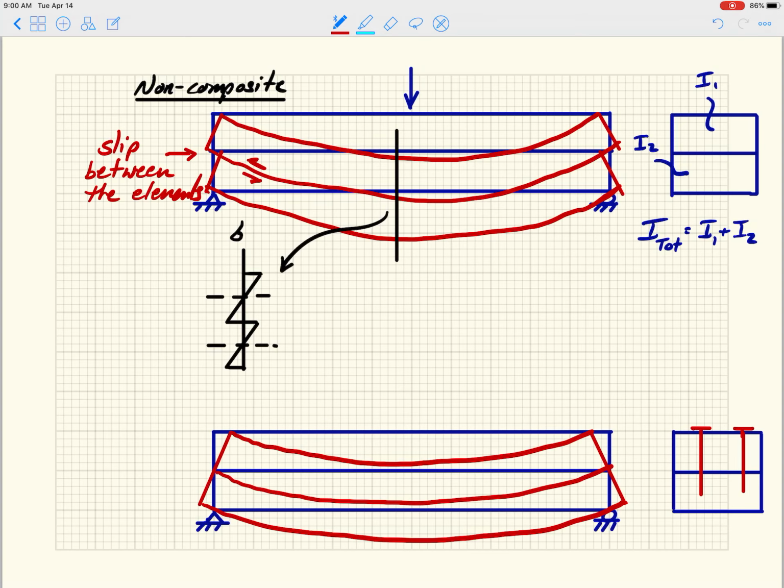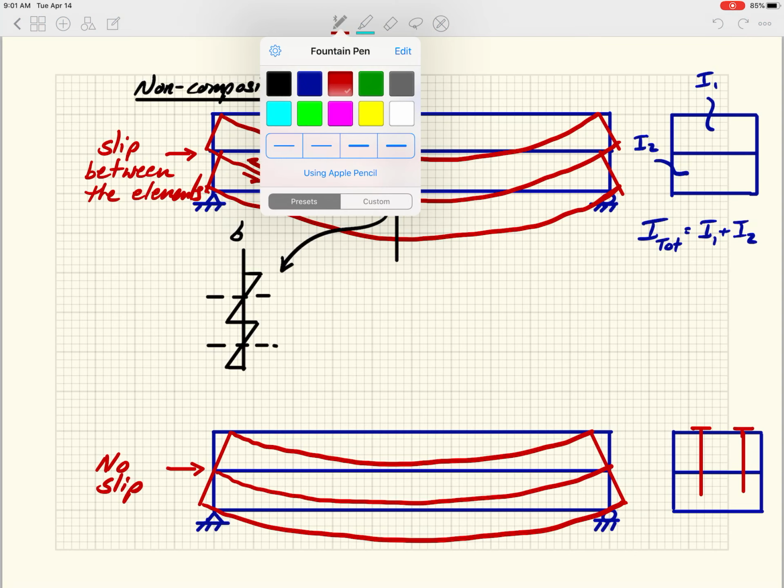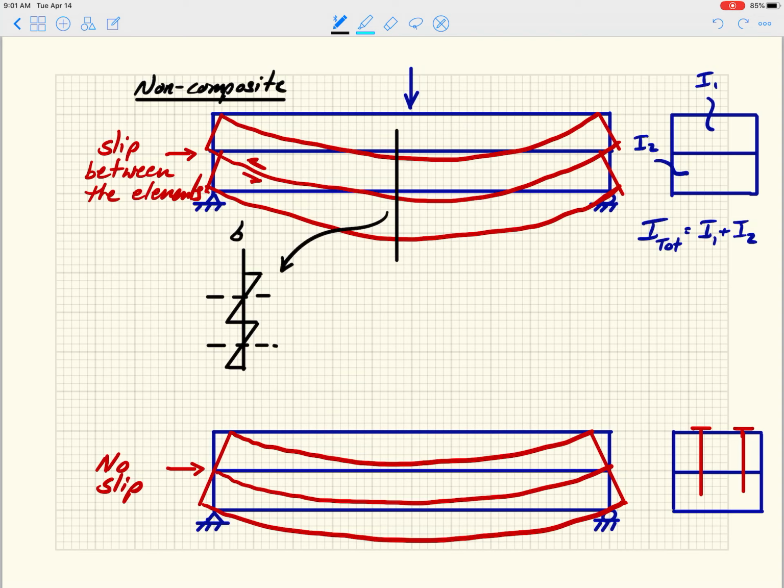So that's how it bends. And here's the key: there is no slip between these cross sections. Why? The reason is those nails are not permitting that to slip.